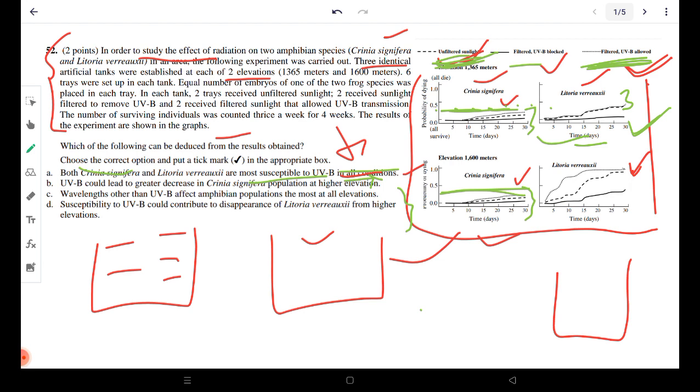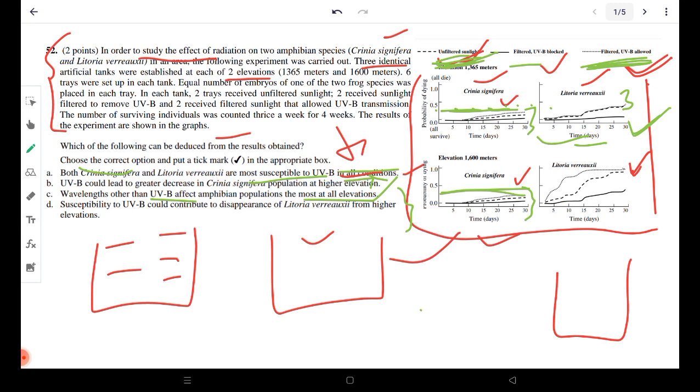Now coming to option C: wavelengths other than UVB affect amphibian populations the most at all elevations. In most of the cases, UVB has been most susceptible, making the most organisms die, at all elevations.